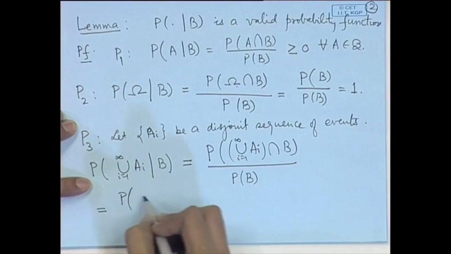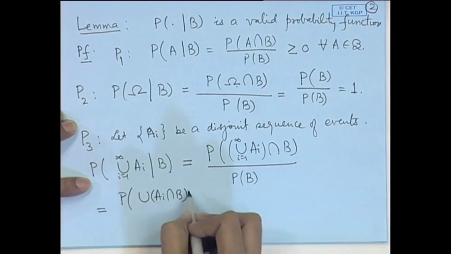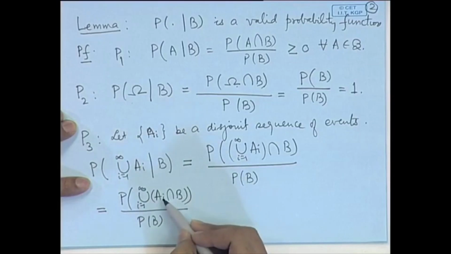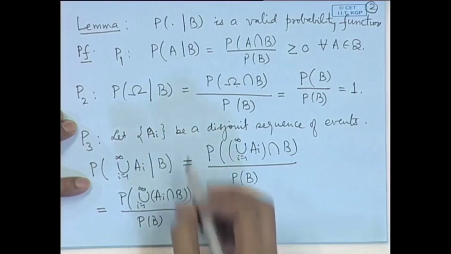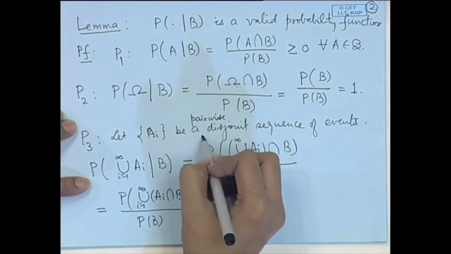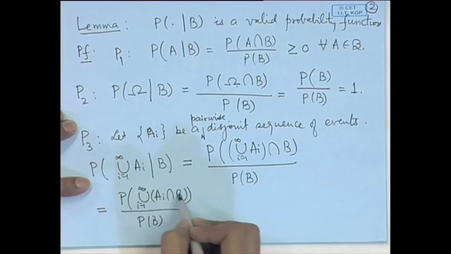So, this becomes P(union of A_i intersection B) divided by P(B). Note that the A_i's are pairwise disjoint, so the A_i intersection B's will also be pairwise disjoint.